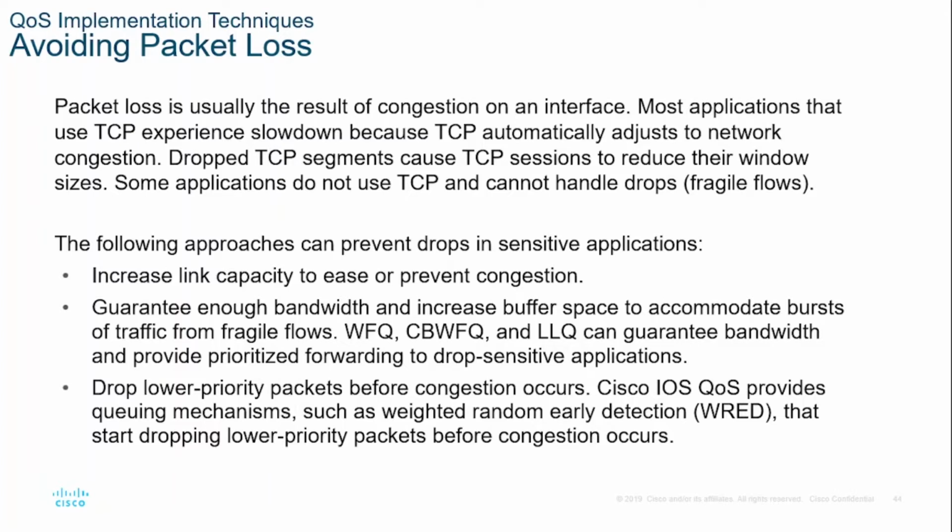The following approaches can prevent drops in sensitive applications. Increase link capacity to ease or prevent congestion. Guarantee enough bandwidth and increase buffer space to accommodate bursts of traffic from fragile flows, or WFQ.